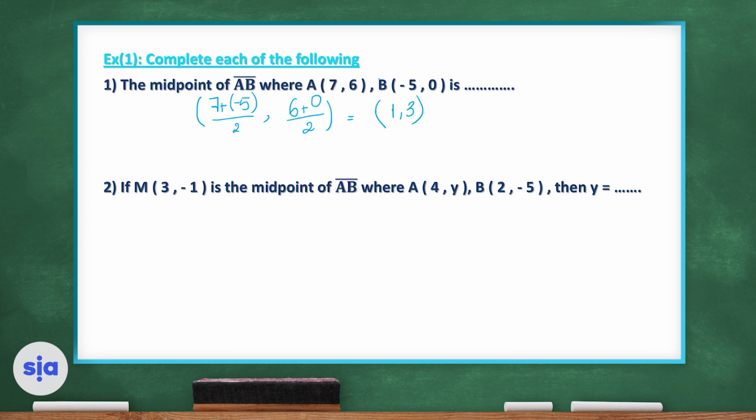So here, the y is the unknown in point A. Then what we do here is the midpoint that is -1 equals the y plus the -5 over 2. If you do your calculations, you will see that y minus 5 is equal to -2, then y equals 3.